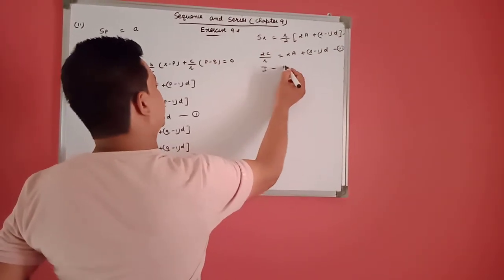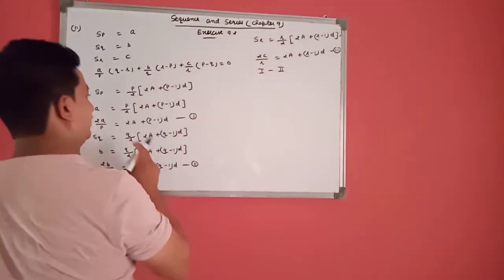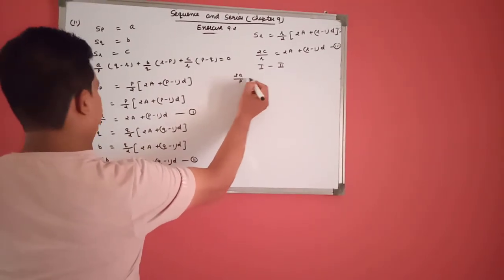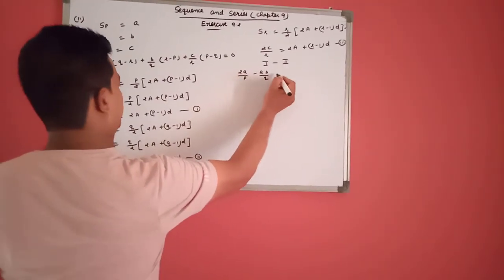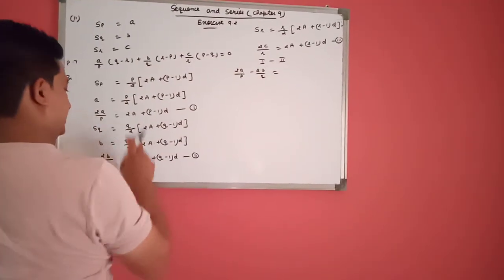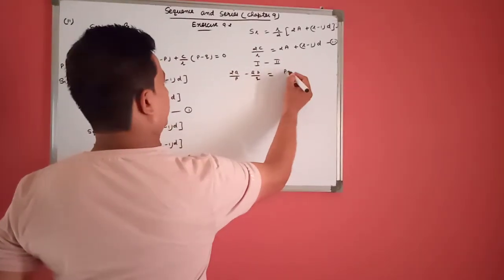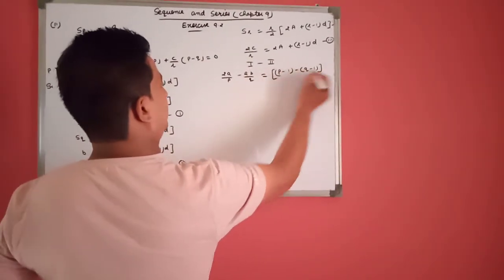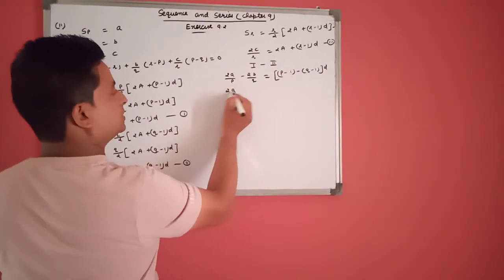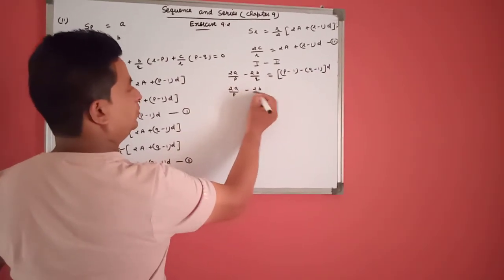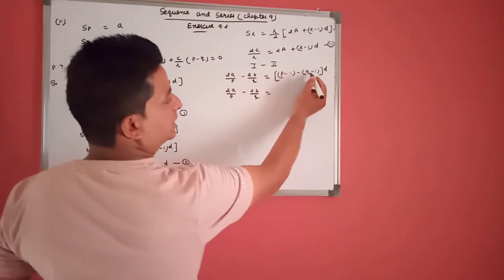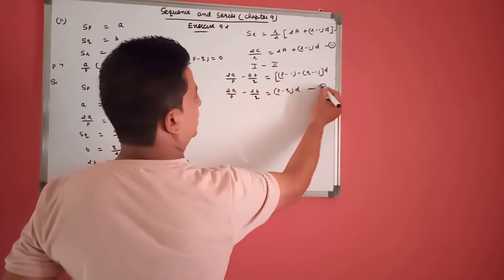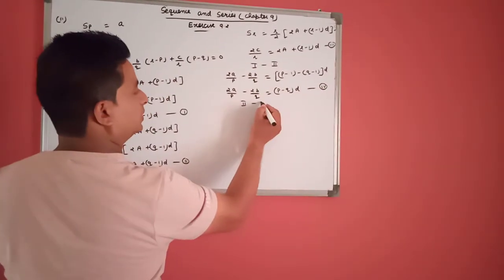First we subtract equation 2 from 1. That's 1 minus 2, which is 2a upon p minus 2b upon q. Here 2A cancels out and we get (p minus 1 minus q minus 1) into D. This becomes 2a upon p minus 2b upon q. When we open this bracket, 1 cancels out. This is (p minus q) into D. This is equation number 4.